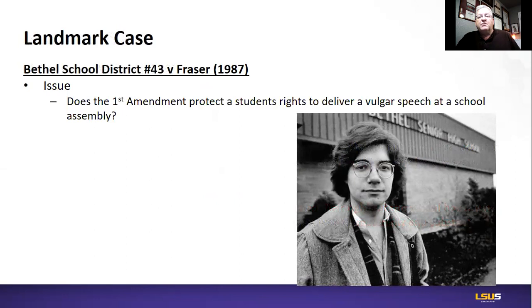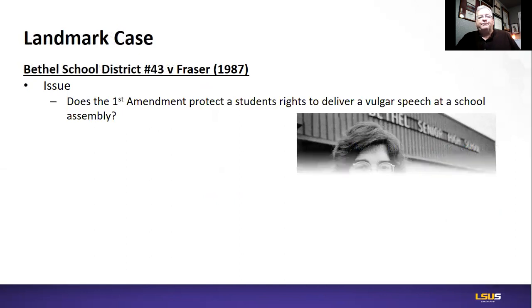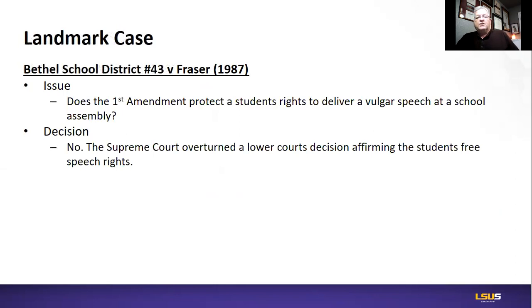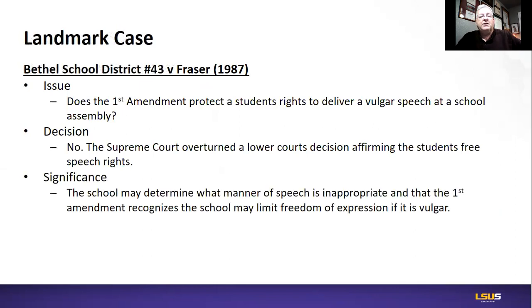So does the First Amendment protect the student's right to deliver a vulgar speech at a school assembly? So what do you think? The court says no, that the First Amendment doesn't provide that protection. And in fact, the Supreme Court overturns lower court decisions that said that the student had the right to make those speeches.